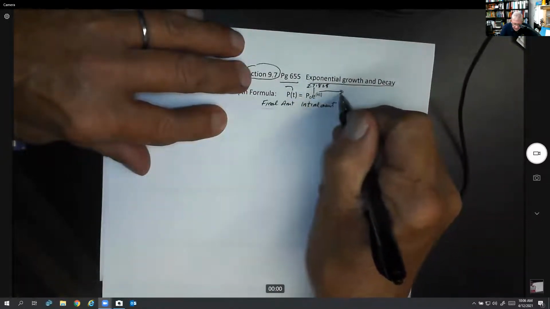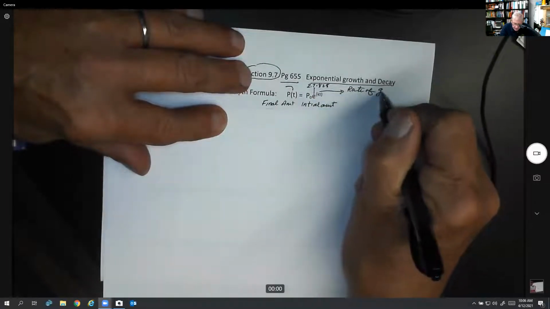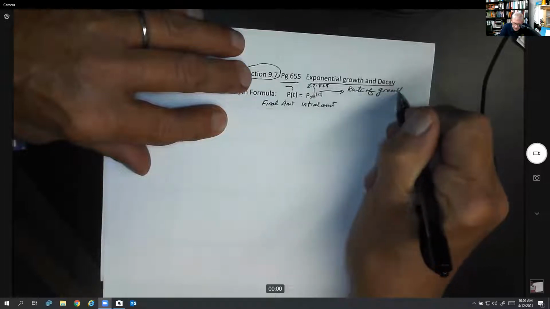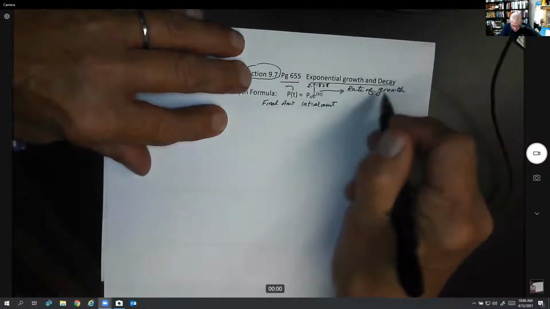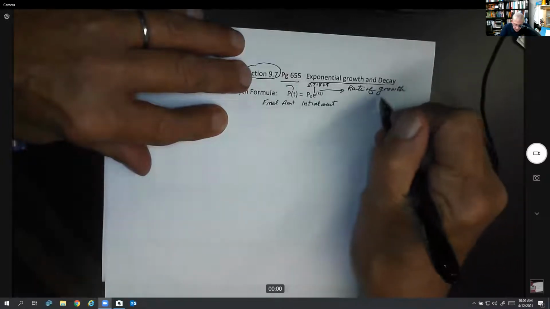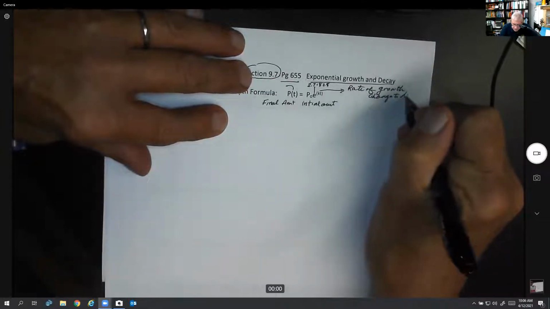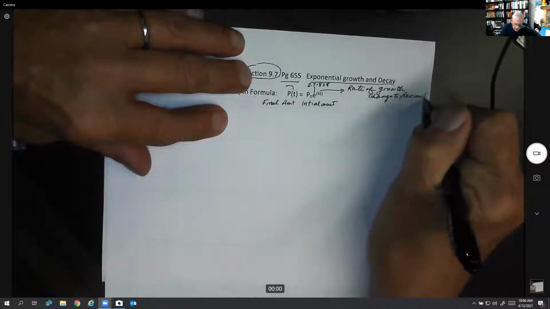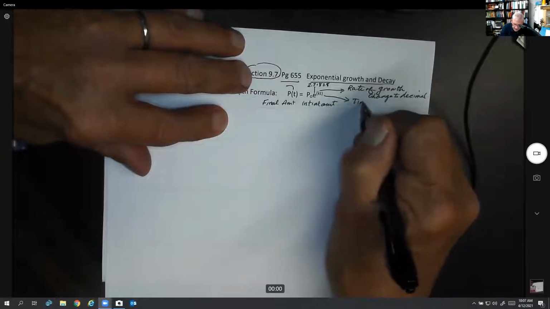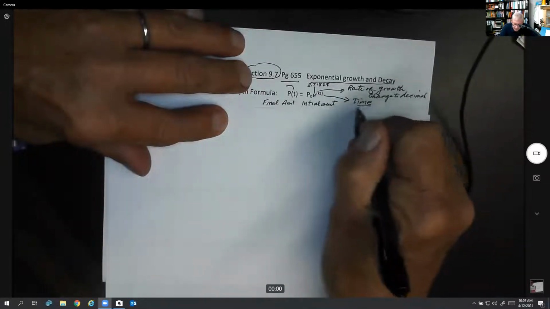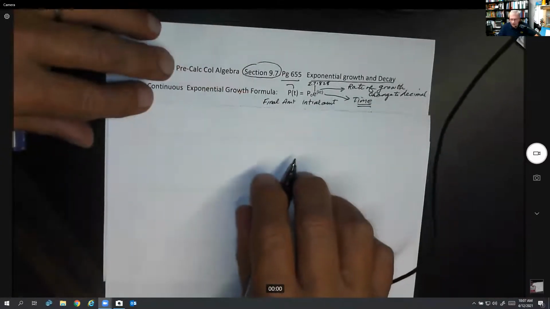K is the rate of growth or decay, and that has to be written as a decimal. If it's a percent, it's got to be changed to a decimal. And then finally, T is the time it takes, and that could be in days or years or whatever the problem depends on.